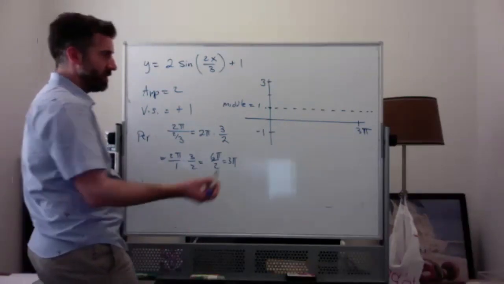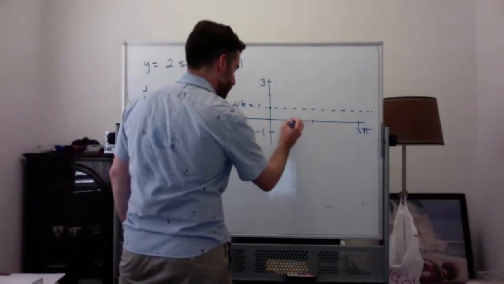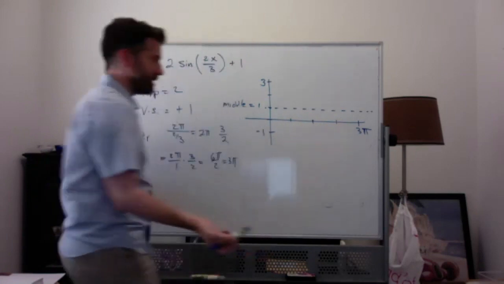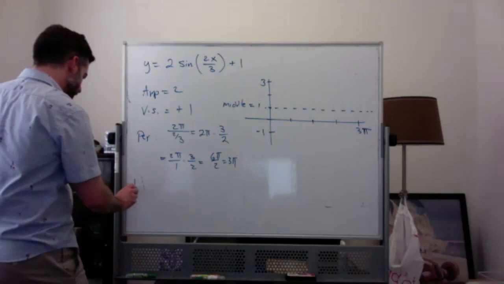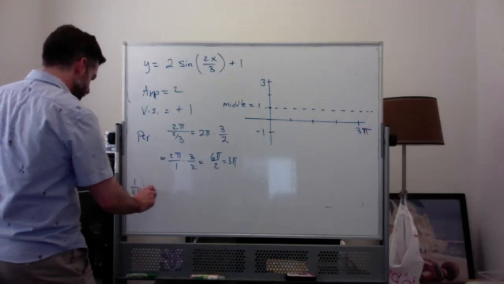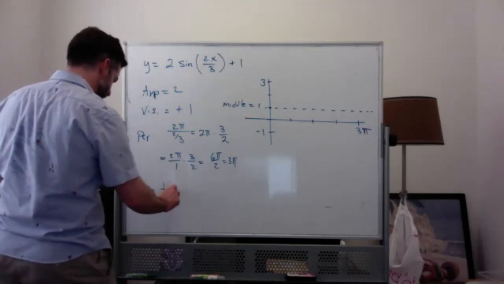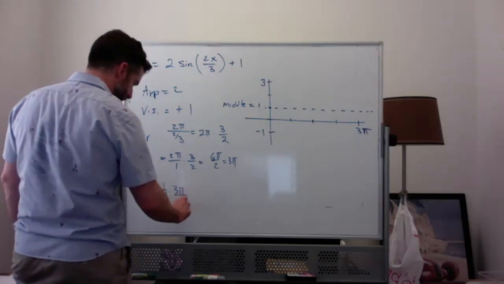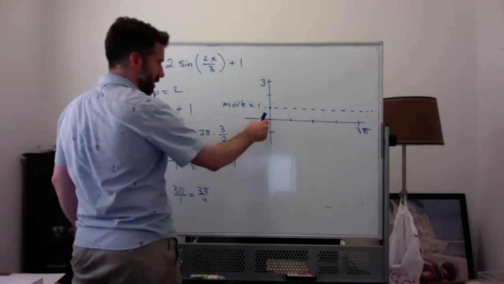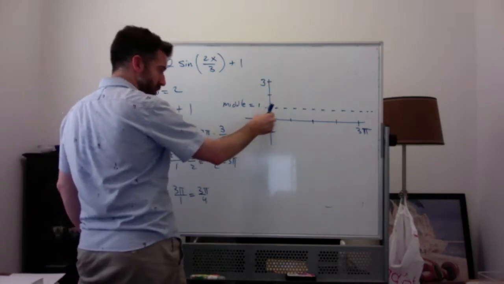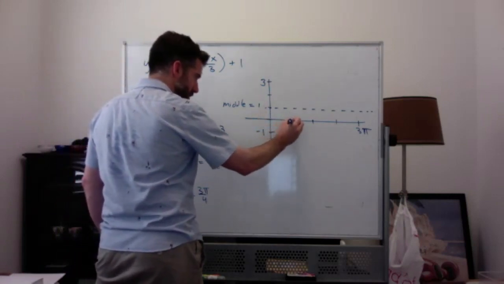And then I should find the x values. So I know they're going to be equally spaced out, a quarter of a period each, but I still also want them. So 1/4 of a period is just 1/4 times the period, which is just 3 pi over 4. So my first point is 0. My next point is 0 plus 3 pi over 4.